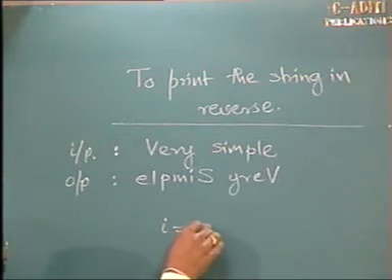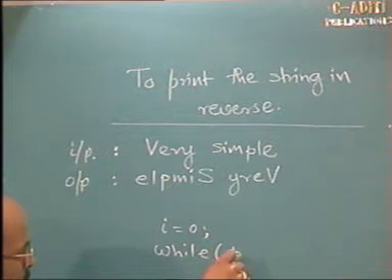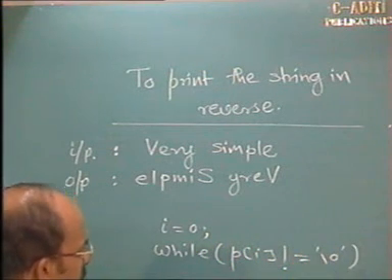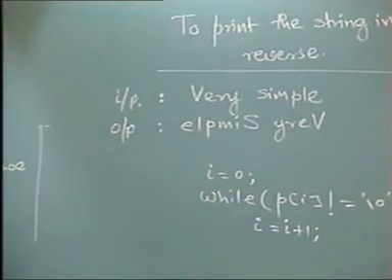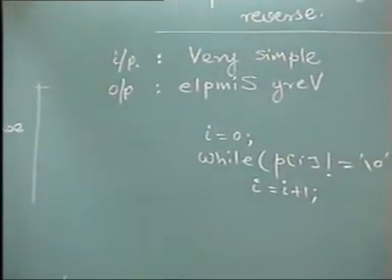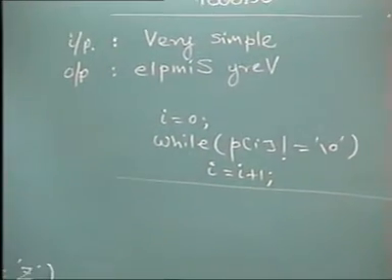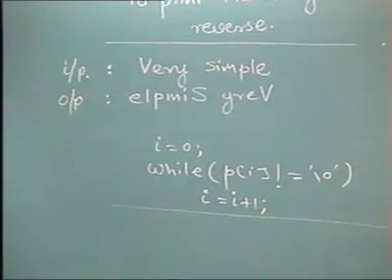First of all, we should hit the end. As long as you don't get \0, go ahead. So this will take us to the end of the string. But where you are right now, the position of I, it contains \0. That is not the last character.